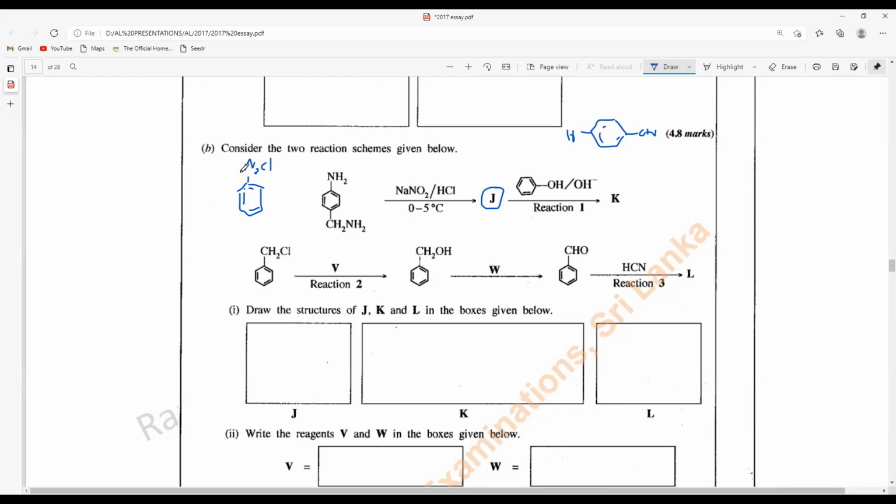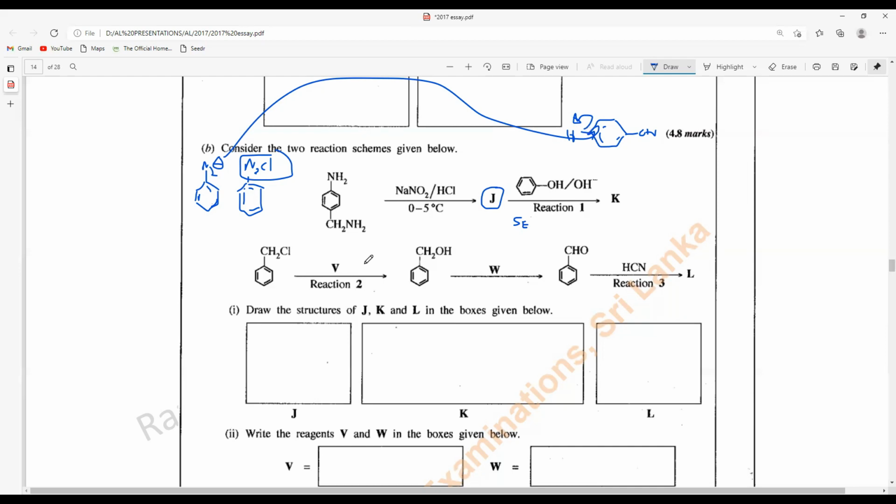So here this N2, don't write it as Cl, write N2 positive. Since this is electrophilic, then this hydrogen is removed, right? So this is typically an electrophilic substitution reaction, right? So there will be this N2 part that is attached to the para position of this phenol.